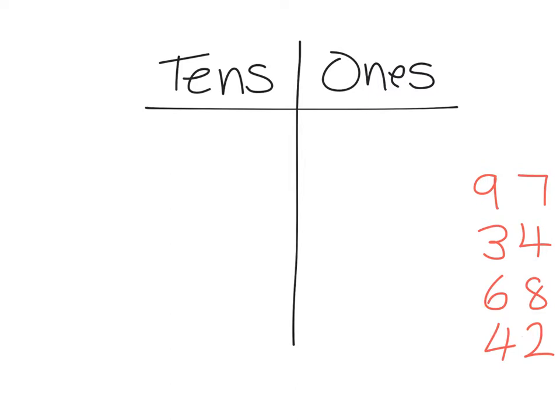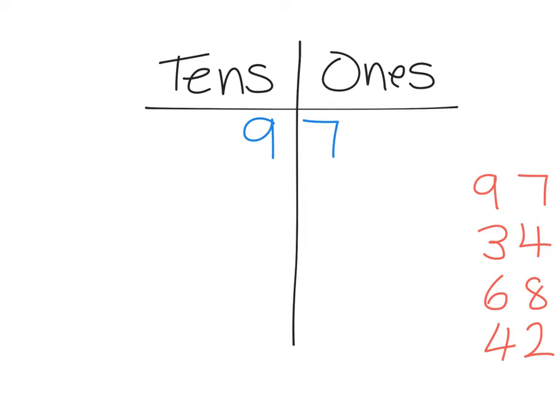Now I'm going to put those numbers in my tens and ones chart to help me see how many tens there are and how many ones there are in each number. So if I write the number 97 like this, I can see that in 97 there are 9 tens and 7 ones.